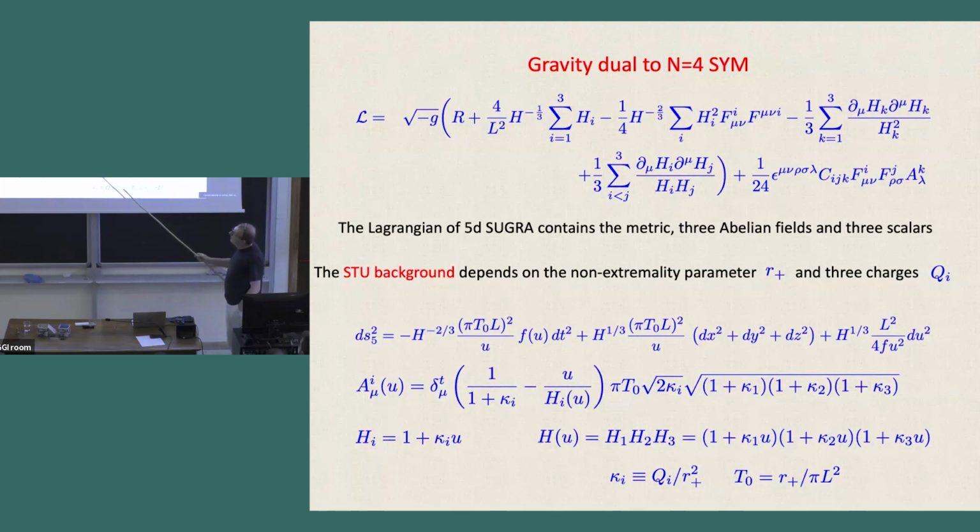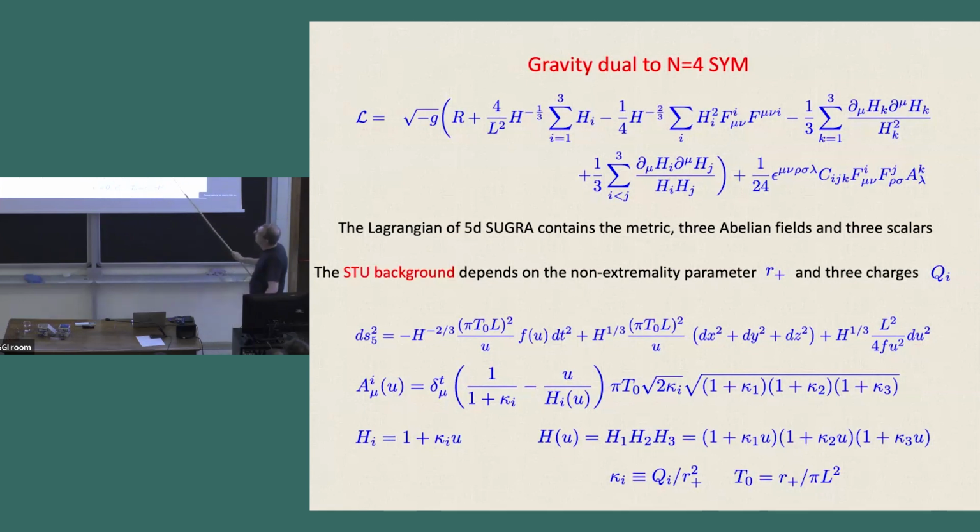Now, this Lagrangian has equations of motion, and these equations of motion have solutions. So one of these solutions is the STU background of Behrndt, Cvetic, and Sabra, which is characterized by the non-extremality parameter r_+, and 3 charges, Q1, Q2, and Q3, right? And we will introduce some notation. So this is a metric.